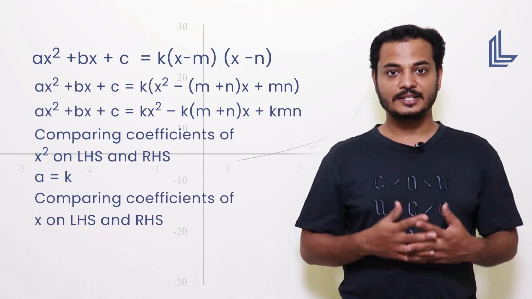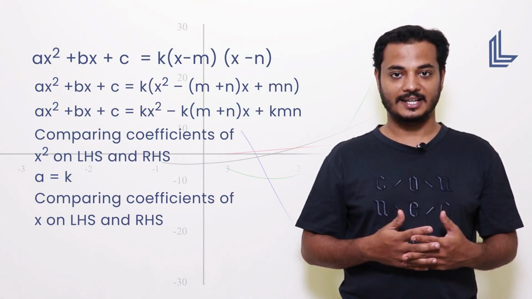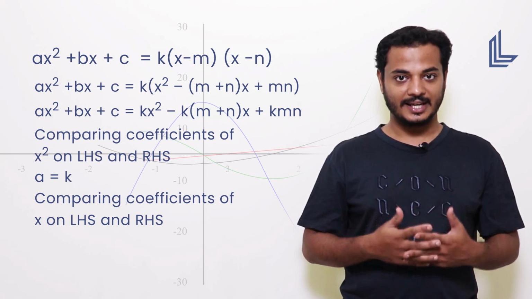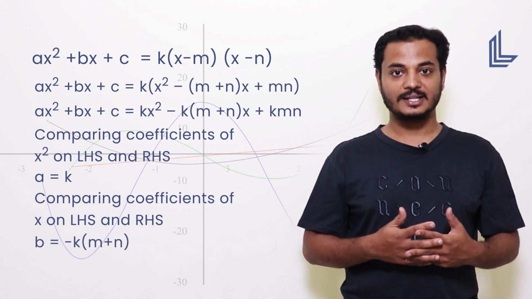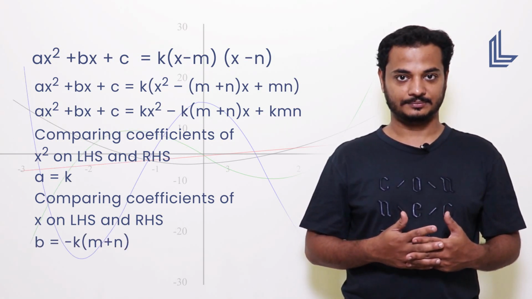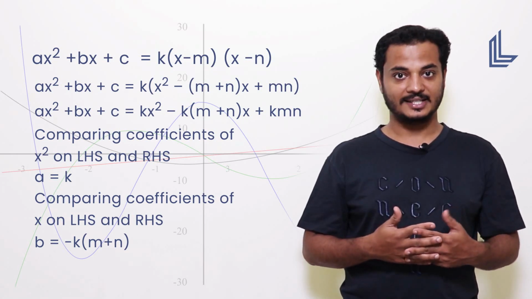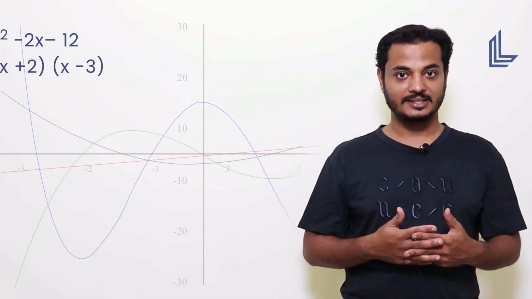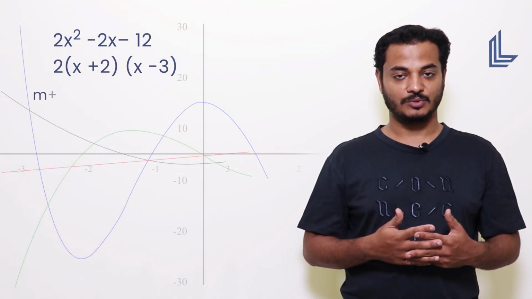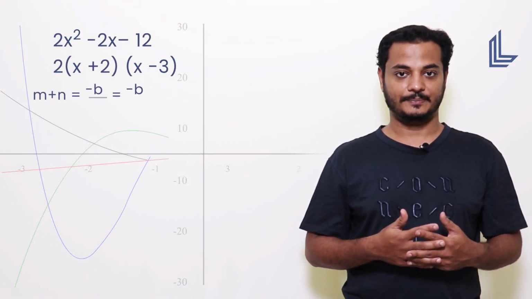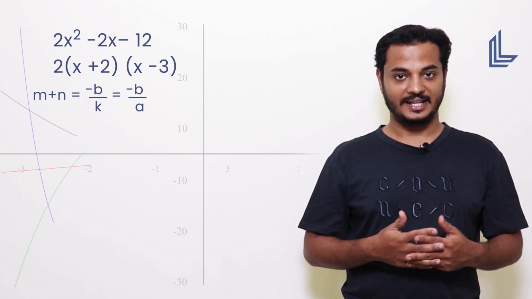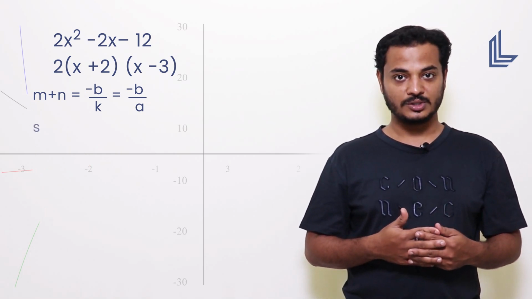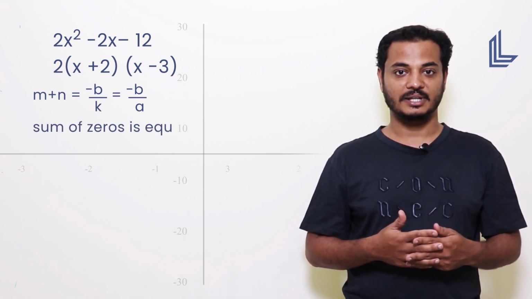Similarly, if you compare the coefficients of x in LHS and RHS, you will get b equals minus k into m plus n. Now we know that k is equal to a. Substituting this, we can write m plus n is equal to minus b by a. That is, sum of zeros is given by minus b by a.